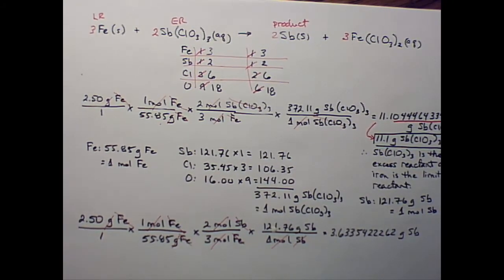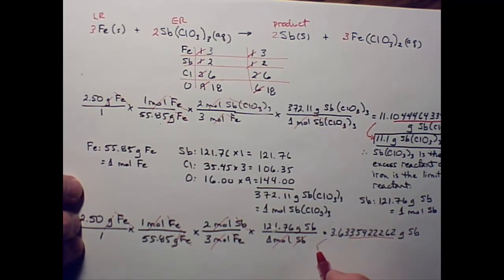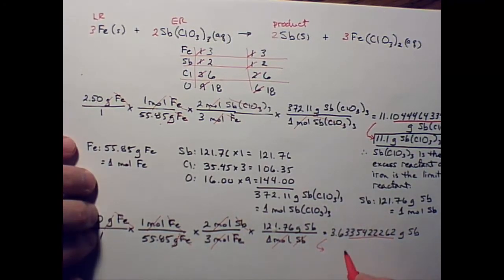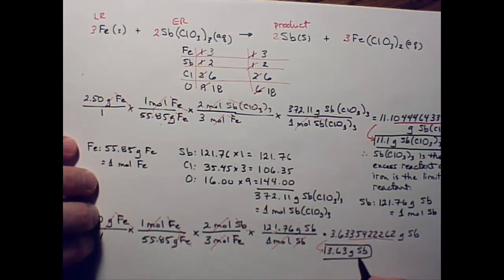That way you know where you come from, where you're going to. It's easier to keep up with everything. Keeps it all organized, and keeping it organized on complex problems like this is essential. And so we're going to round this off, and we get 3.63. So this is our theoretical yield.